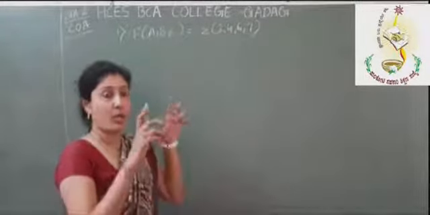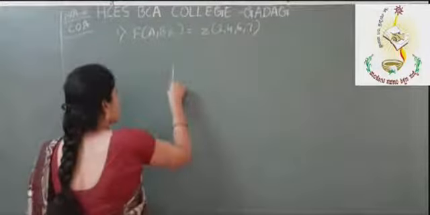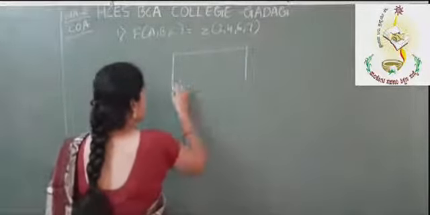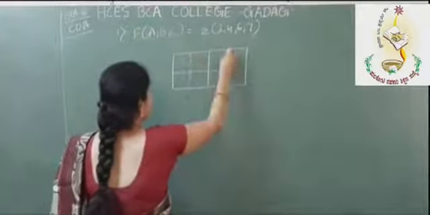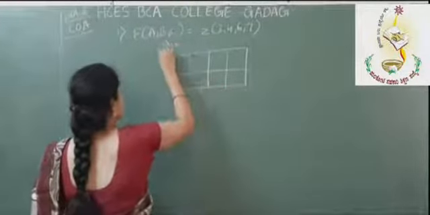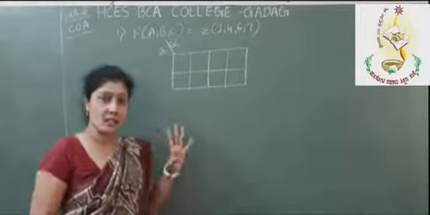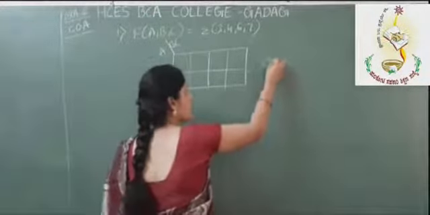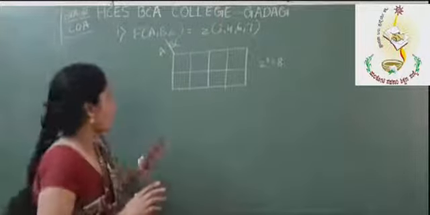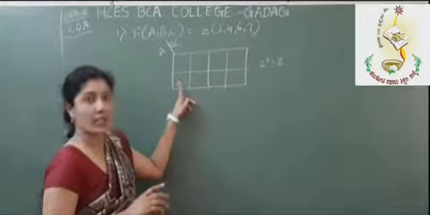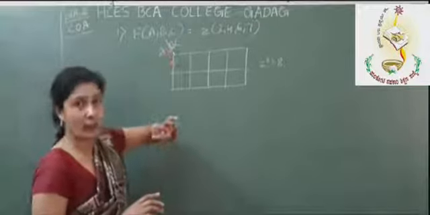I hope you remember how to draw the K-map of three variables. As usual, three variables means 2 raised to 3, that is nothing but 8, so 8 squares we have to draw. Here I have drawn 8 squares, and on this side only one variable and on this side two variables.